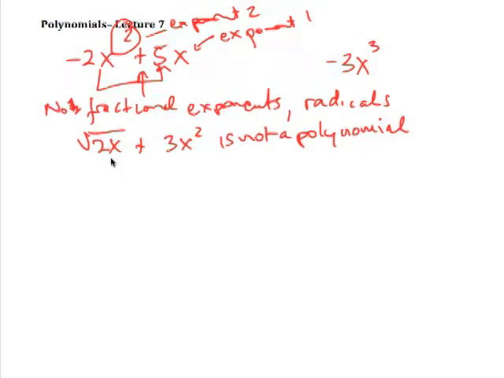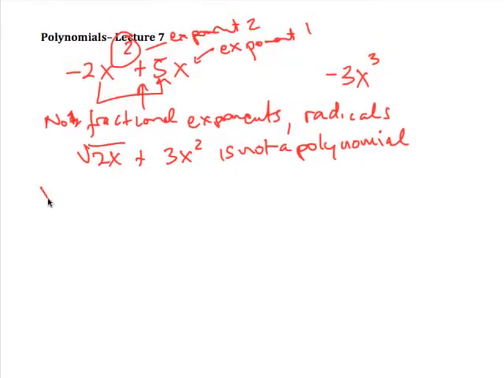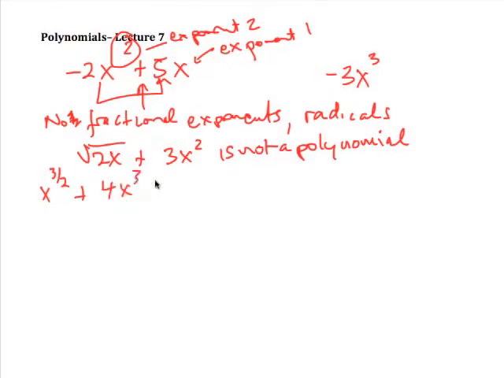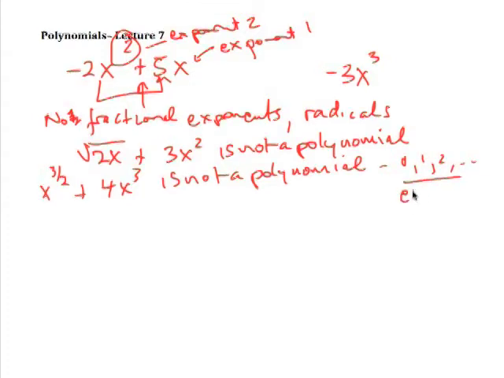Okay, x to the 3 halves plus 4x cubed is not a polynomial. So in other words, we only have whole number exponents. So we can have 0, 1, 2, 3 as exponents.